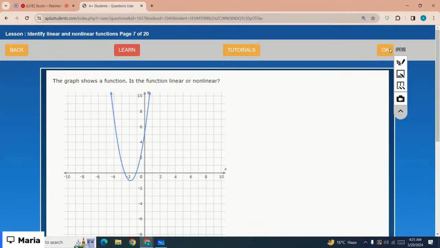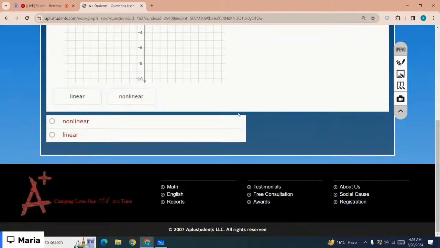The graph shows a function. Is the function linear or non-linear? Which is the correct option? Yes, that is a non-linear function, right?